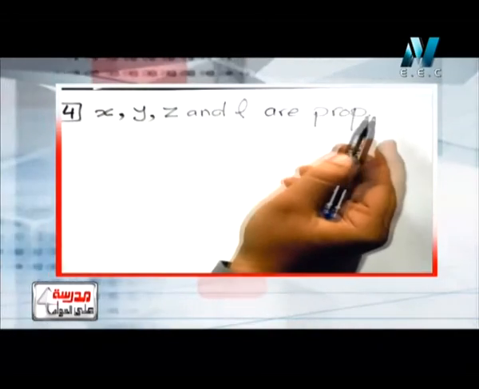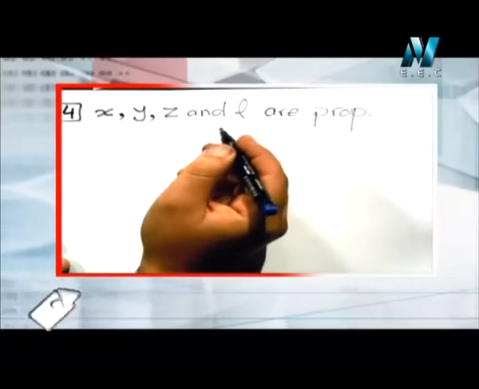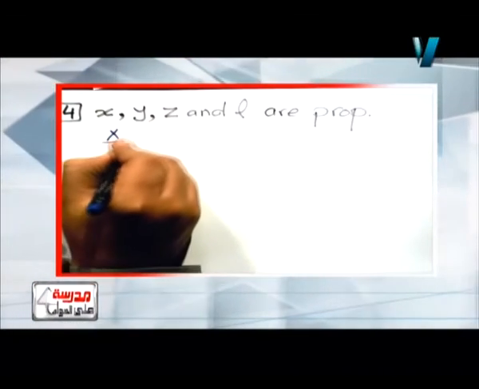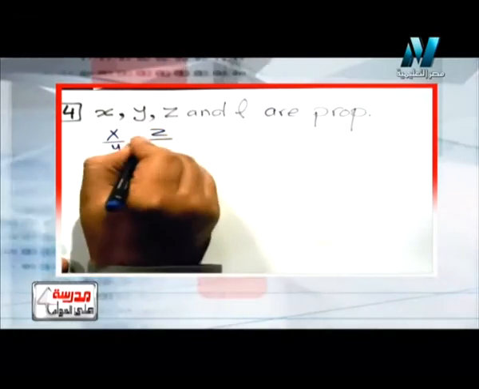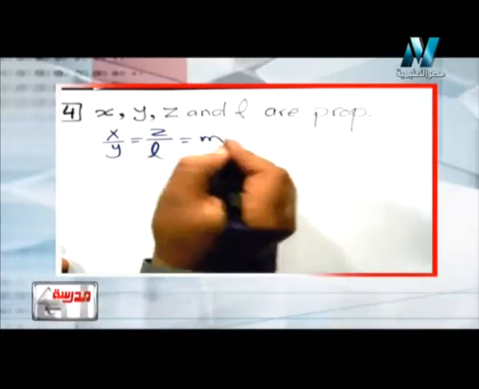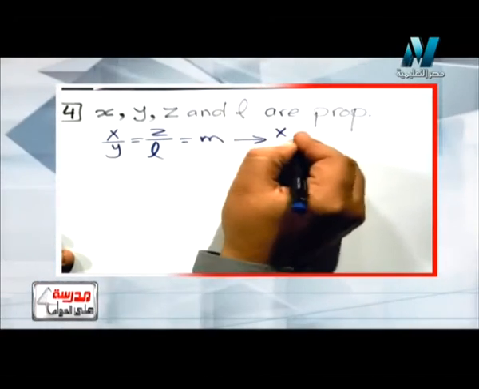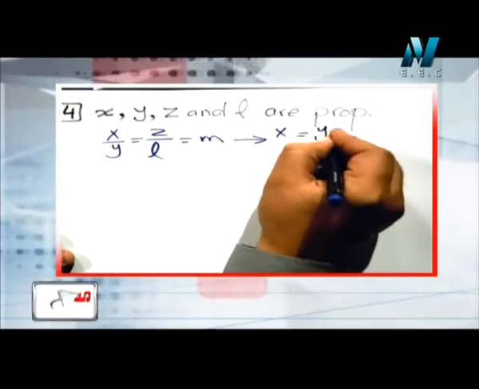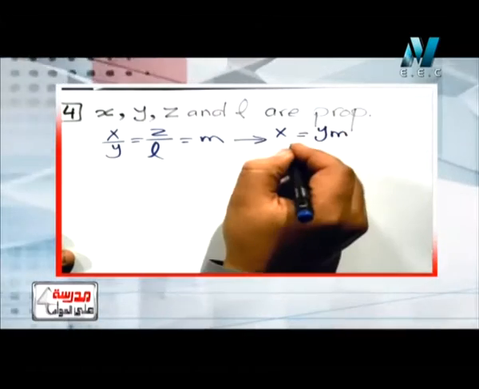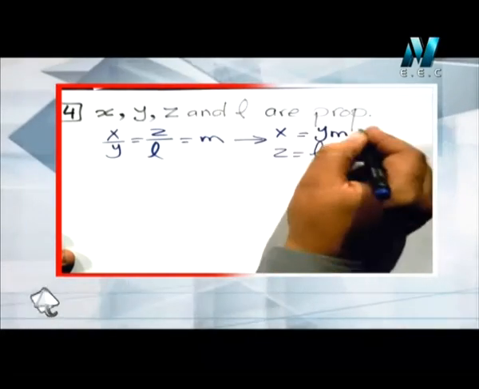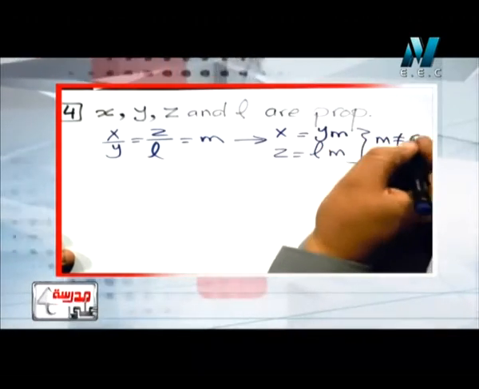As a very important given here, x, y, z, and L are proportional, we are going to rewrite this given in another way as x over y equals z over L equals a factor m. And this means that x equals y times m, and z equals L times m, and m doesn't equal 0.